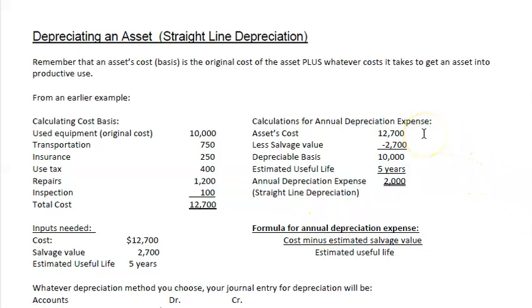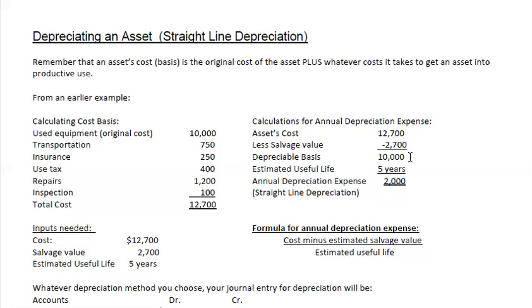Okay, so I've got the $12,700 total cost minus the salvage value of $2,700 gives us a depreciable basis of $10,000. That's the term they use, depreciable basis. That's how much of this asset we're going to consume over its useful life.